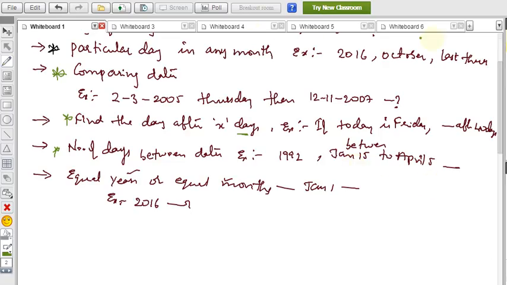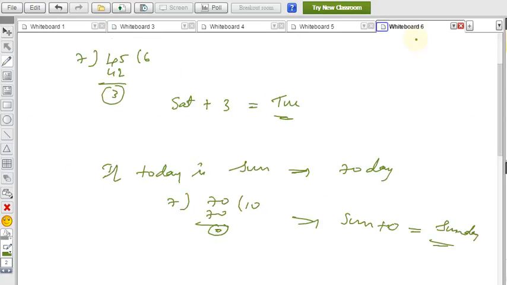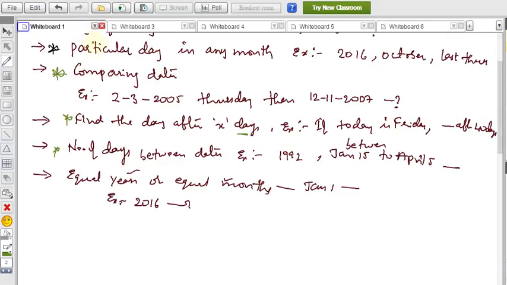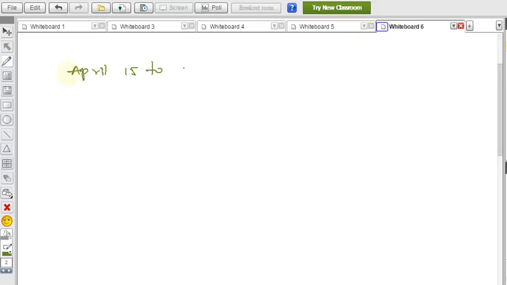So between they mention number of days between January 15th to April 5th. In between we have to find out the days.